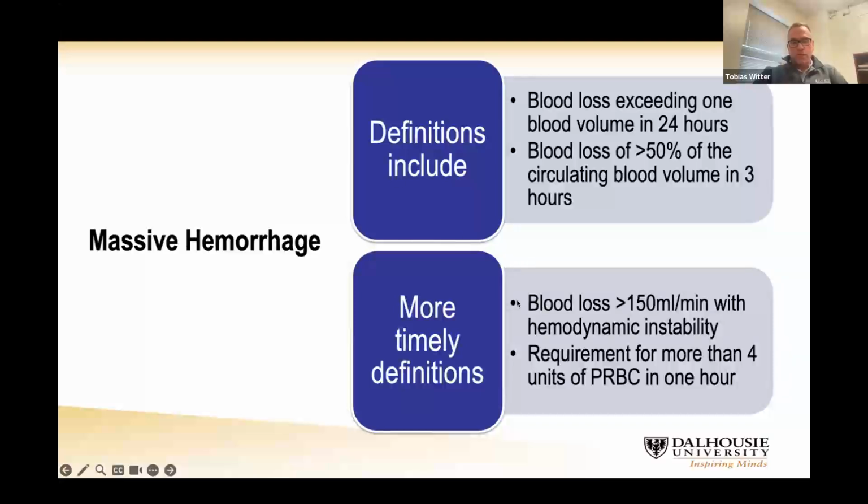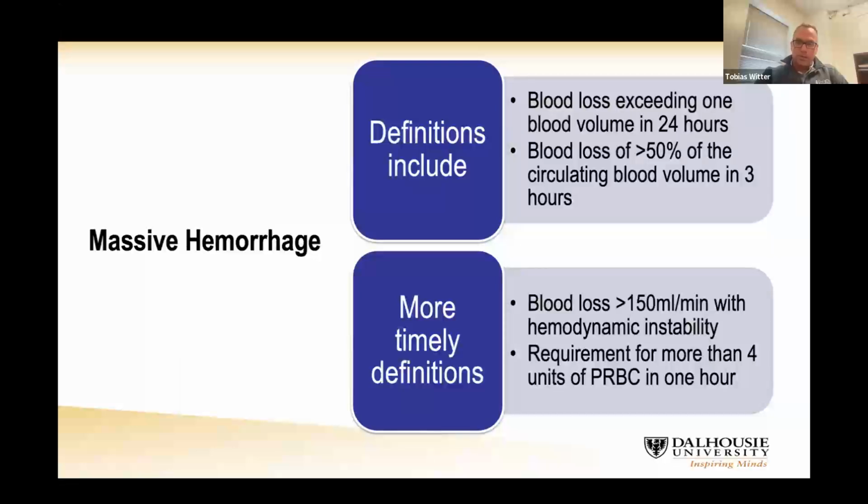More timely definitions are blood loss over 150 mL per minute with hemodynamic instability. And personally, I like this one probably the most: an internal trigger that if you need more than 4 units of blood in an hour, then probably you have a problem. Keep in mind that those definitions are nice, but for the majority, they are used for research and studies only.